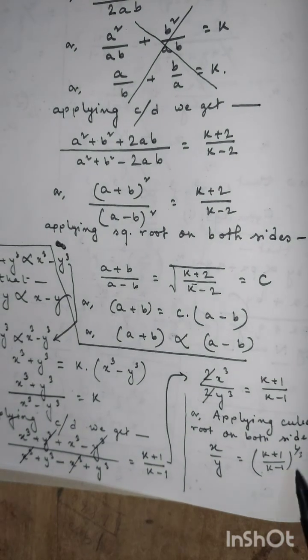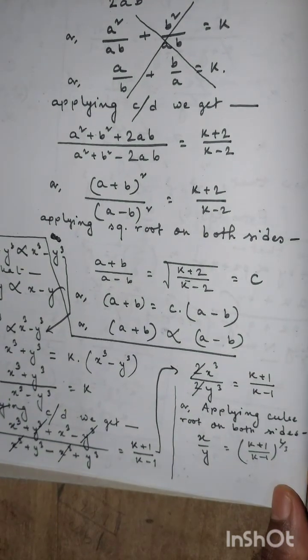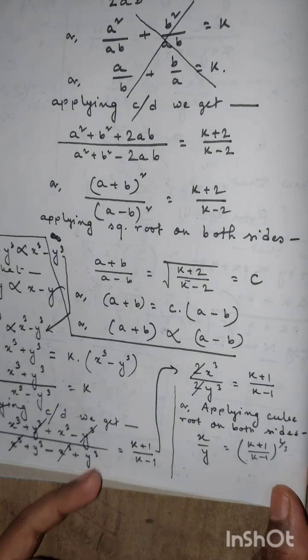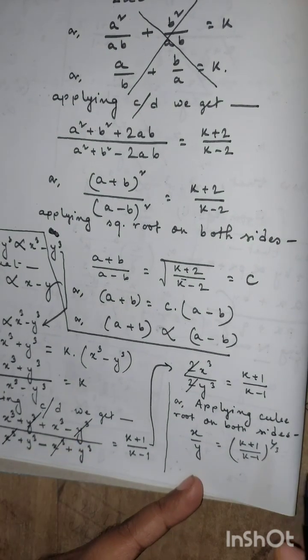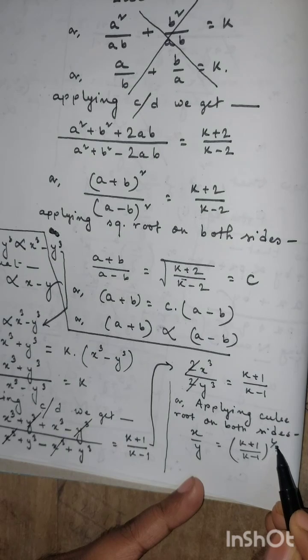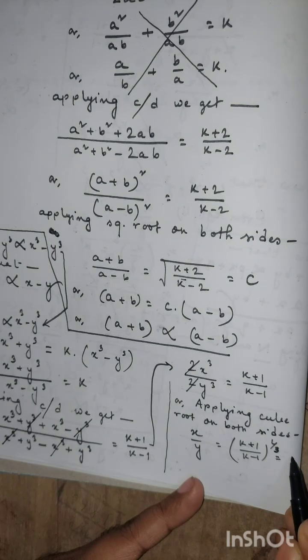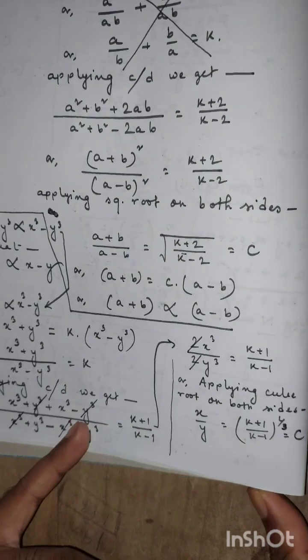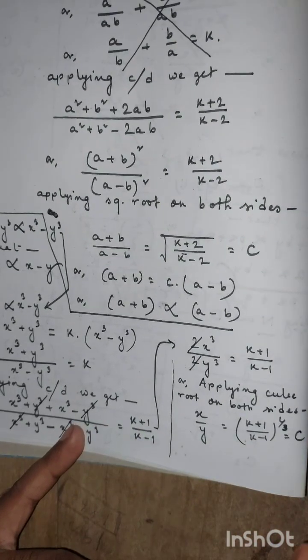So this is a constant, k plus 1 by k minus 1 to the power 1/3. We can write this as, say, c. So x by y is a constant.